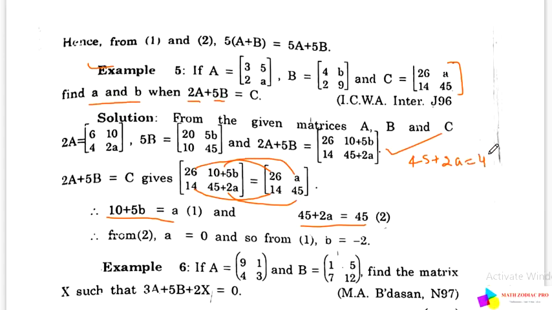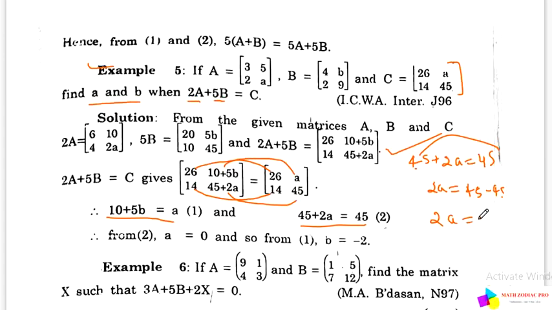I take the 45 to the right side, so 2A equal to 45 minus 45, which equals 0.